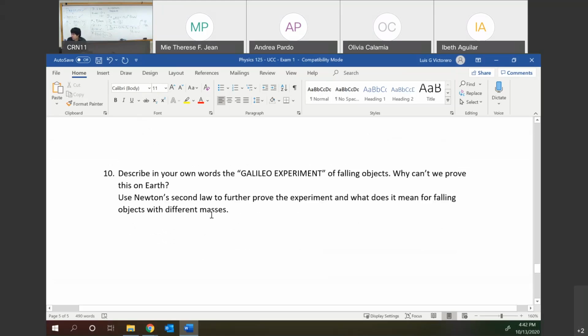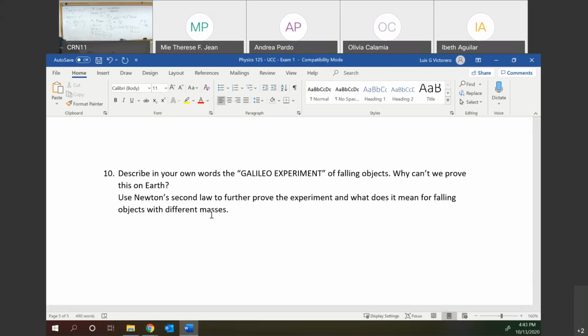For the Galileo experiment, I was looking more to the fact that it cannot be replicated on Earth because of the air friction. Gravity is not a factor. There is gravity on the moon.